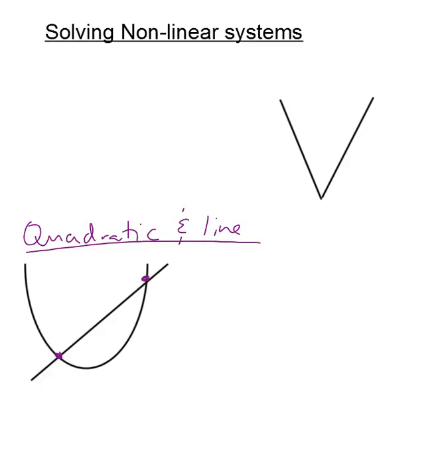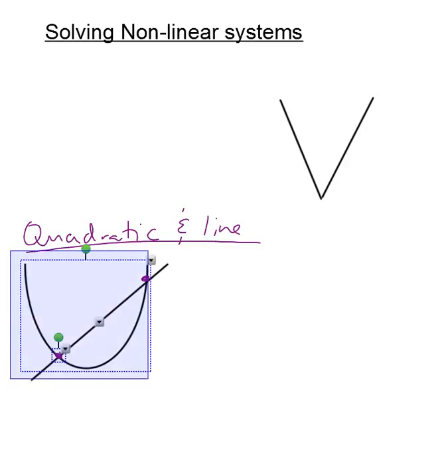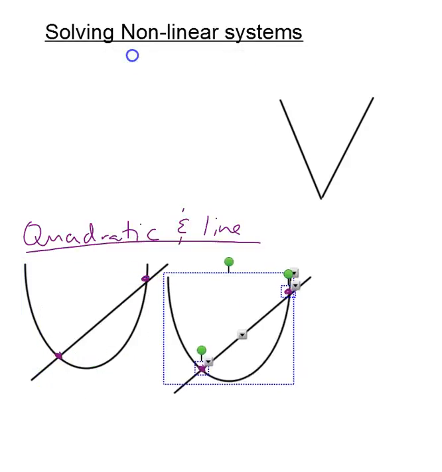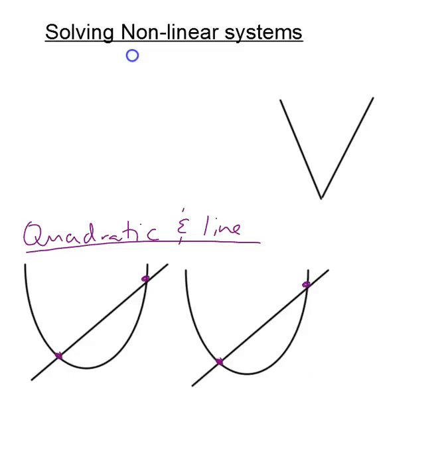Well, that's one idea that I could have for the system. Let me clone this guy. What else could I have? Could I have it so that this line only touches the parabola at a single point? So if you had this, would you agree there could be only one solution, where the parabola and the line intersect?